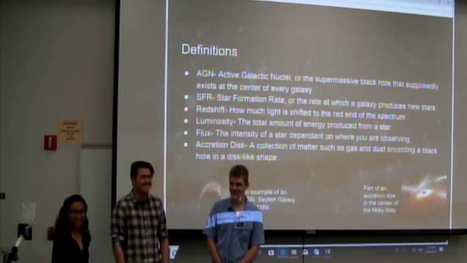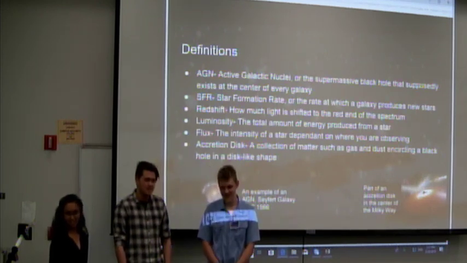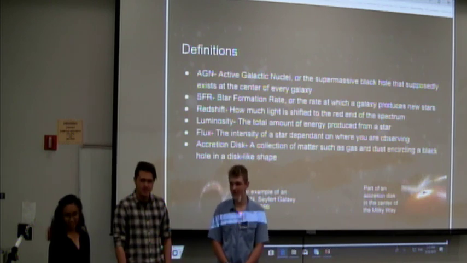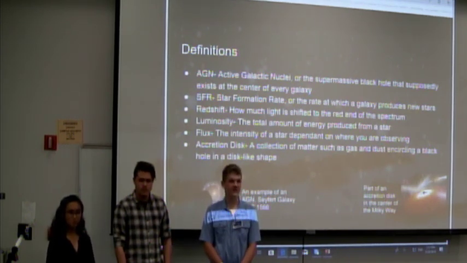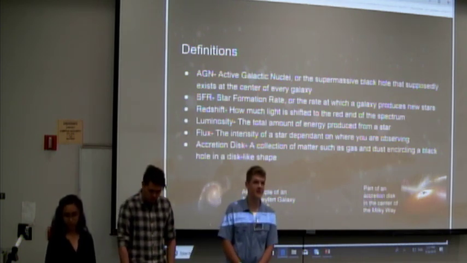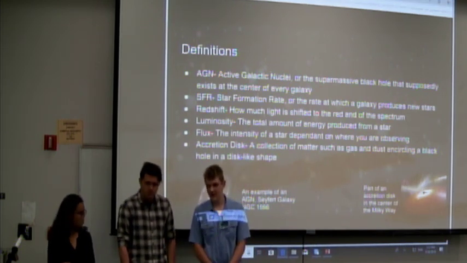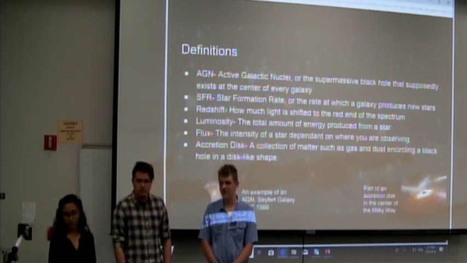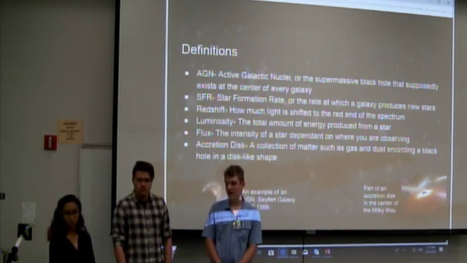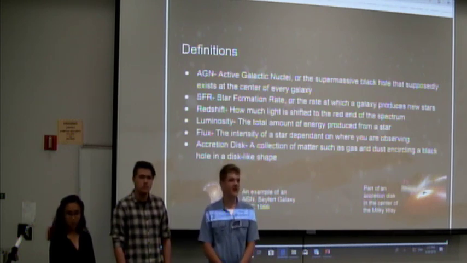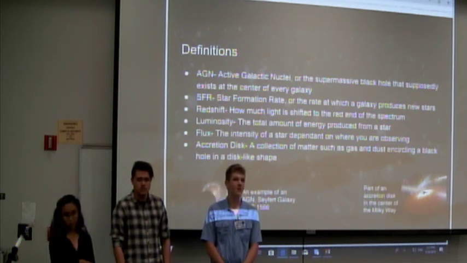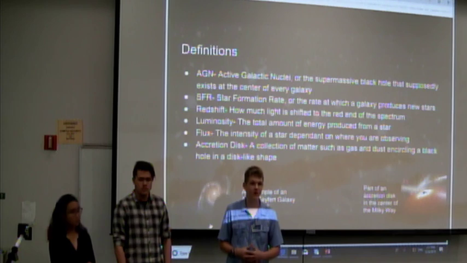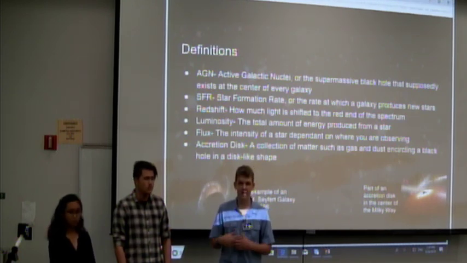Okay, so for definitions, active galactic nuclei, or AGNs, are the supermassive black holes that exist at the center of all galaxies. So that's our main subject. We've also got star formation rate, or SFR, which is the rate at which a galaxy produces new stars, and redshift, which is basically how objects that get further from Earth shift towards the red spectrum.